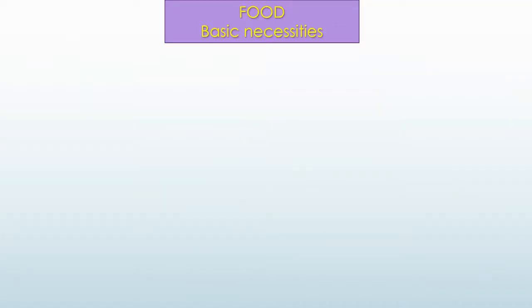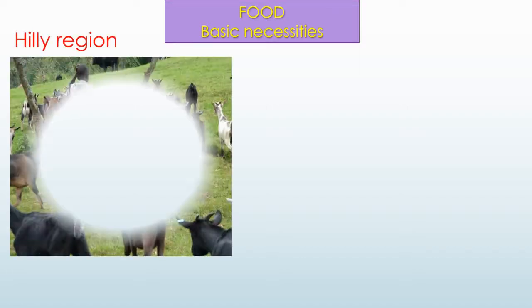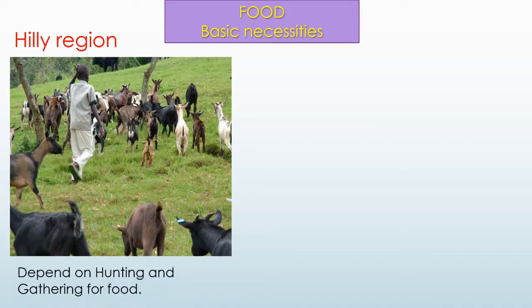As we know, food is a basic necessity of both regions, hilly as well as plain. I know, students, you must be thinking what kind of food the people of these two regions eat. Well, in the hilly region, hunting and gathering is one of the sources of food for the people living there.